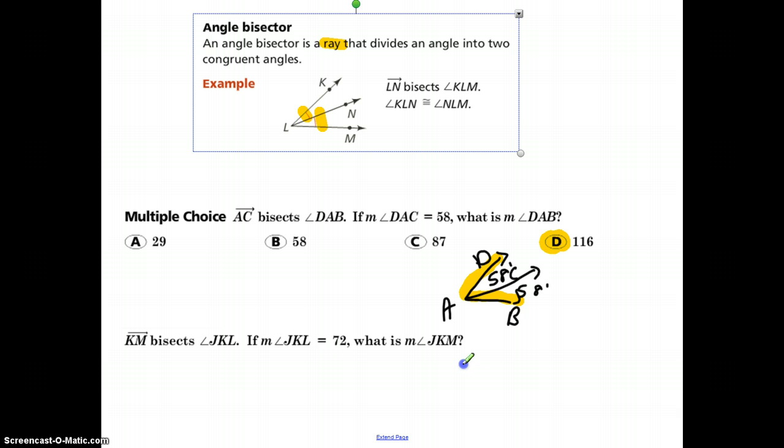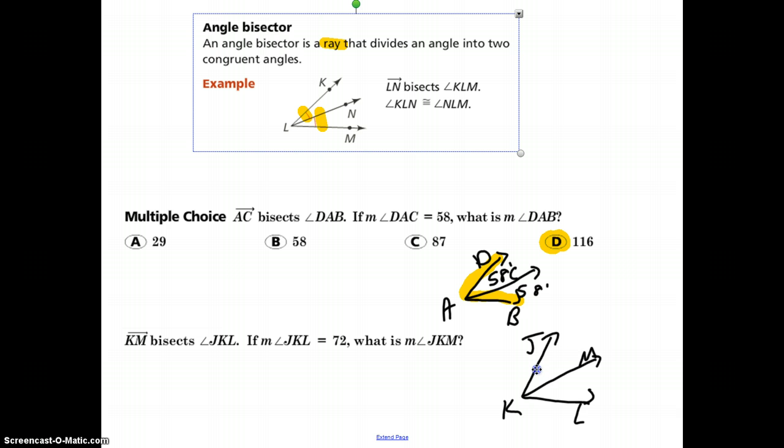So what about this one? We've got ray KM bisects angle JKL. So let's go ahead and draw that out. So my ray is my angle bisector, which is KM. And it bisects angle JKL. So there's angle JKL, and I know that JKL is 72 degrees.